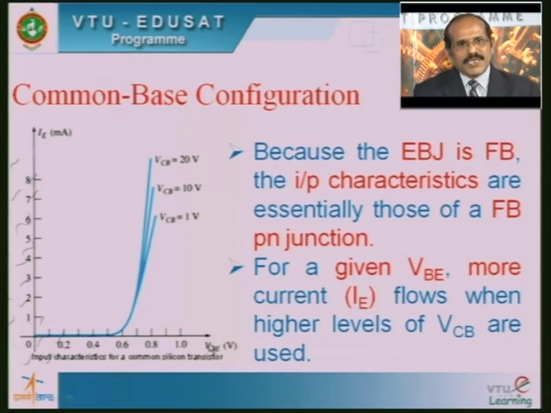When VBE exceeds the cut-in voltage, which as you know is 0.7 volt for a silicon transistor and 0.3 volt for a germanium transistor, the current starts flowing through the transistor. Another point to note is that for a given VBE, more current flows when higher levels of VCB are used.